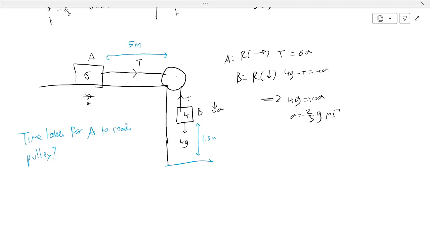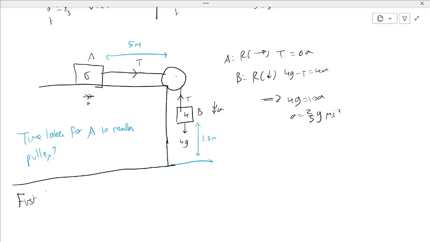That's the question. Again, you can hopefully recognize a two-step SUVAT here, because for those first 1.5 meters that A moves, it's going to be being dragged down by particle B. And then for the remaining 3.5 meters, it's not, because B is going to hit the floor.